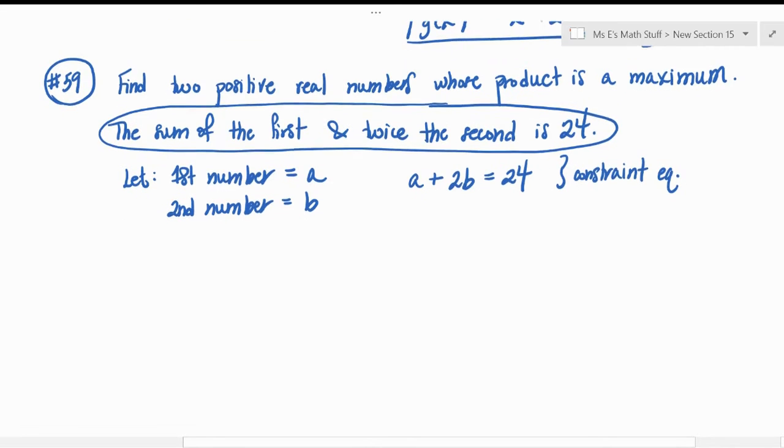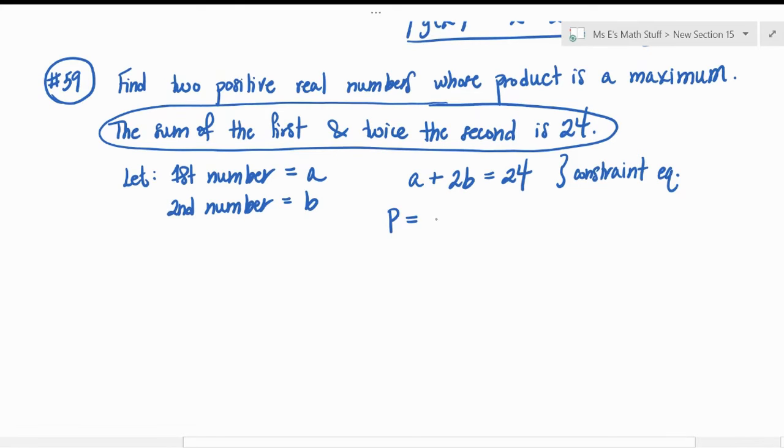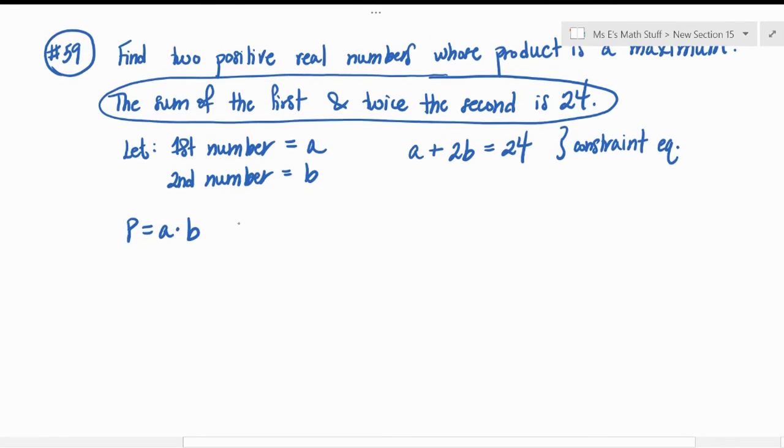And then we want to maximize the product. So the product would be A times B. But now let's get the product equation in terms of just one letter, and it doesn't matter which one. I'm going to go back to the constraint equation and isolate A, just because it looks easier.